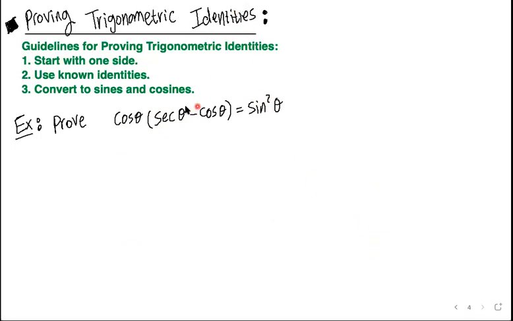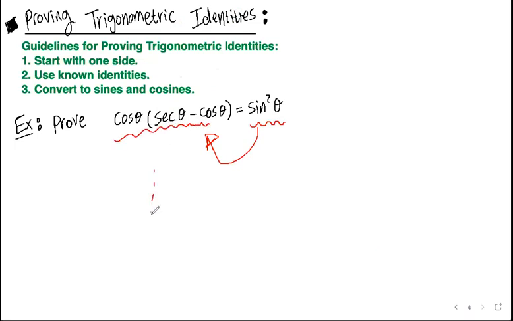Now, which side should I start with? You look at both sides. We generally start from the complicated side. Like in this one, I don't start from this side because with sine squared of theta I don't have enough information to simplify and arrive at the other side. So the best way is starting from the complicated side, and this side looks more complicated.